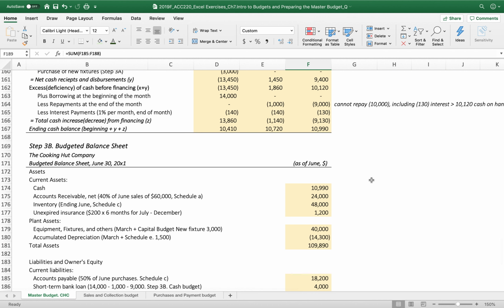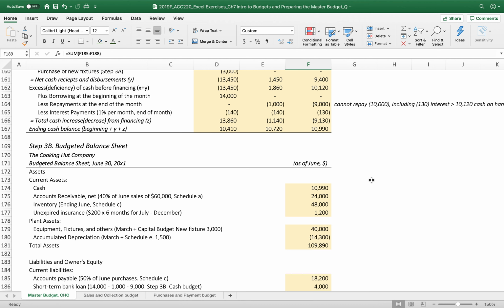Okay, so this master budget is an important measurement tool for evaluating and revising strategies. For example, the initial formulation of the budgeted financial statement may prompt management to consider a new sales strategy to generate more demand.